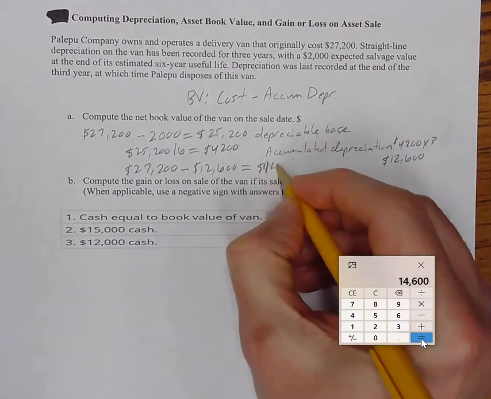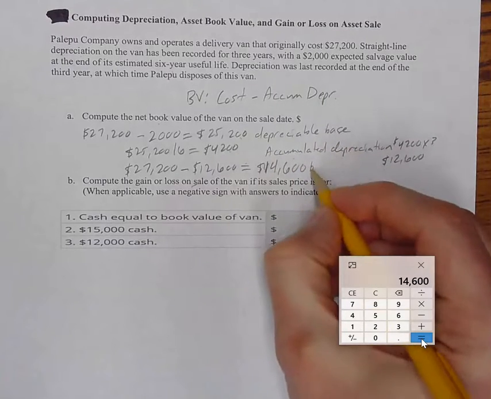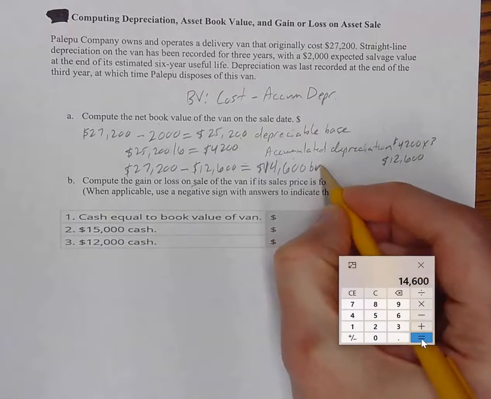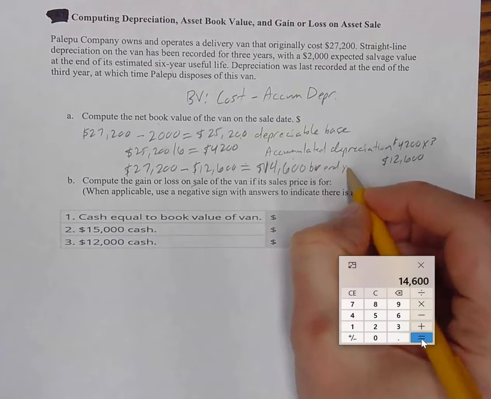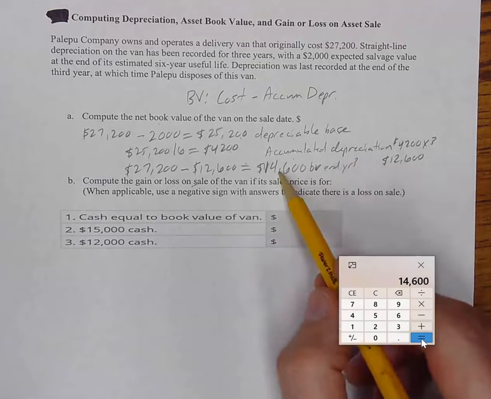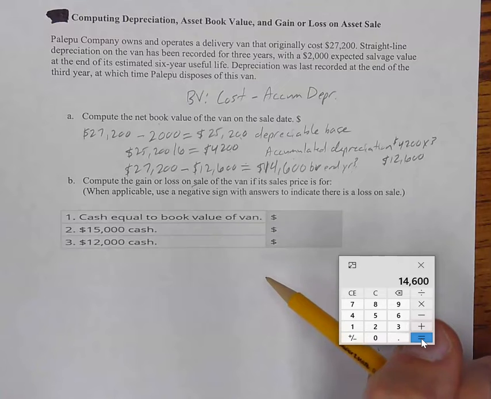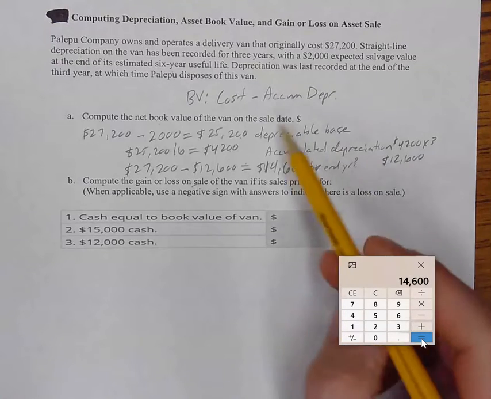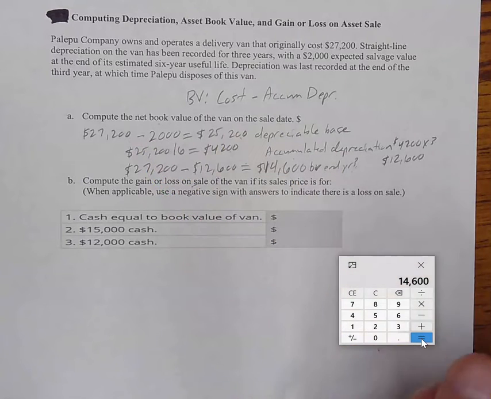Of $14,600, and that's book value for the end of year 3. Starting to get kind of jumbled up here. Okay, 14.6 is our book value at the end of year 3. Doesn't that look like a great 3? Yeah, I think so. Okay, so historical cost is 27.2, book value 14.6.